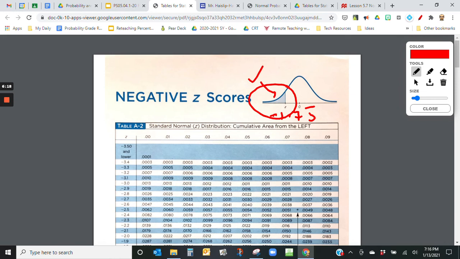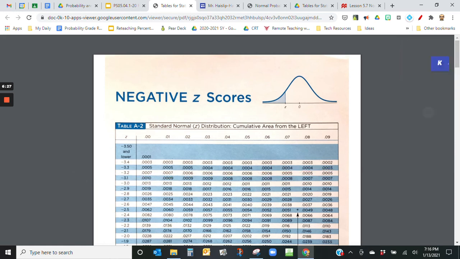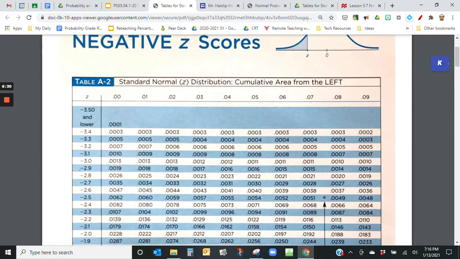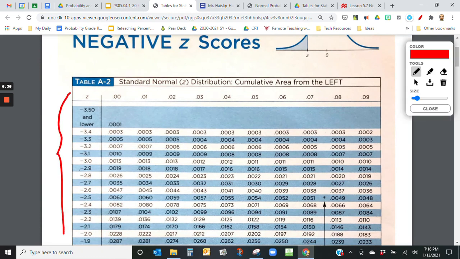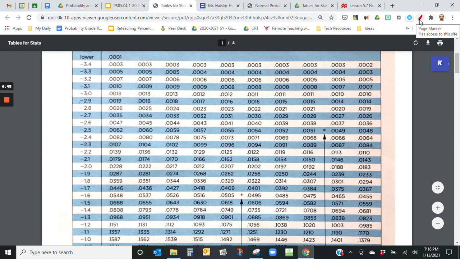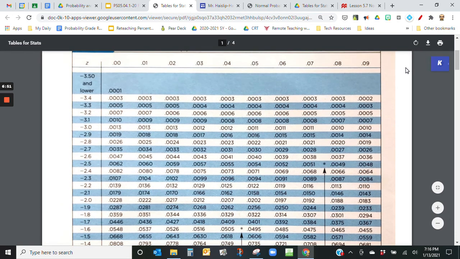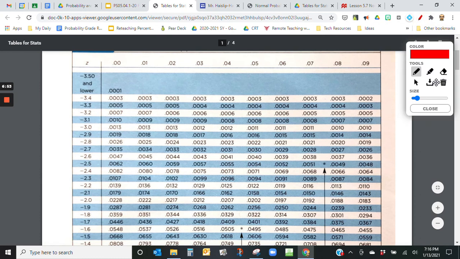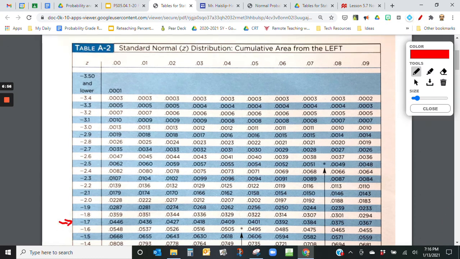So how do we use this table? Well, if you look closely, I'll zoom in a little bit here. You'll notice there's z values that are down here, and they're technically across here too. So how do I use this table? Well, I go down and I'm looking for a z-score of negative 1.75, and I might have to scroll up. Nope, I did it. So negative 1.7 is there, and 0.05 is here.